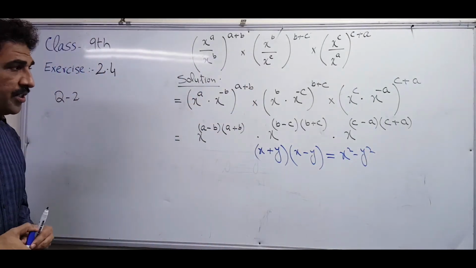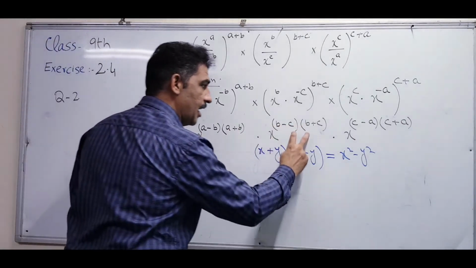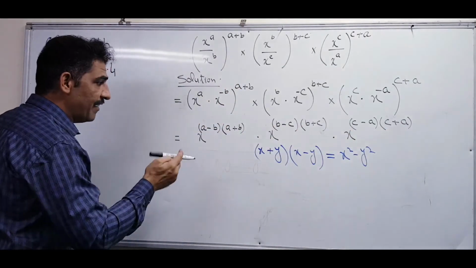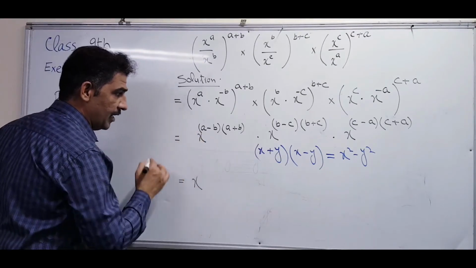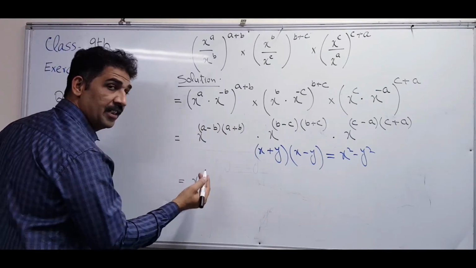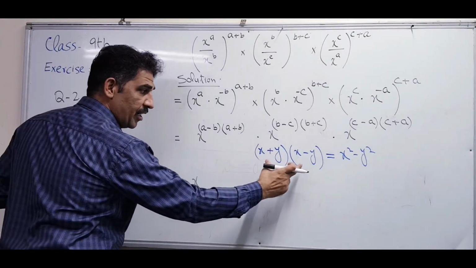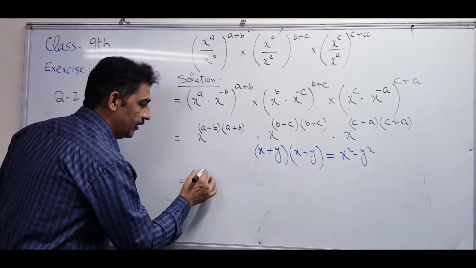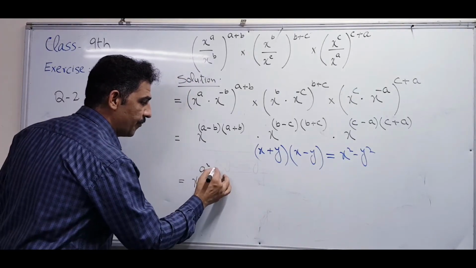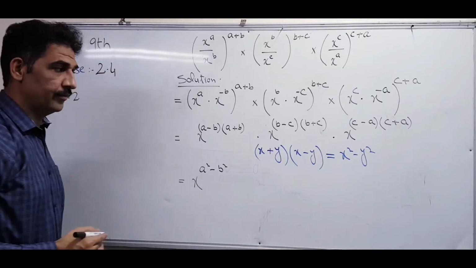I want to use this formula here, here and here. So what will I get as the result? x is equal to a minus b into a plus b. According to this formula, square of the first element minus square of the second element, so a square minus b square.